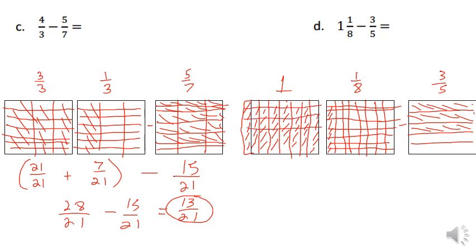As you can see, the larger the denominator, the harder the model gets. It's 1, 2, 3, 4, 5, 6. There's 8. Now we know that all of this one is shaded in.